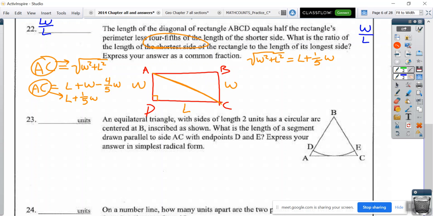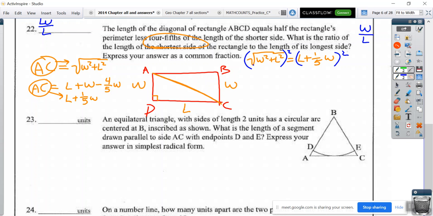So hey guys, what's the opposite of square rooting something? Squaring it. So we're going to have to square everything on this side. If we square everything on one side, what do we have to do on the other side? Square everything. Okay, so this is going to look a whole lot like 8th grade math right now. So what is the square root of W squared plus L squared, squared?